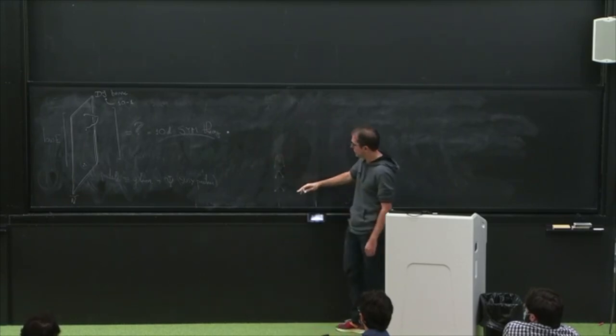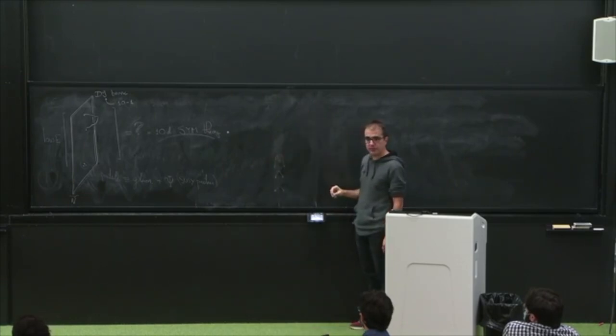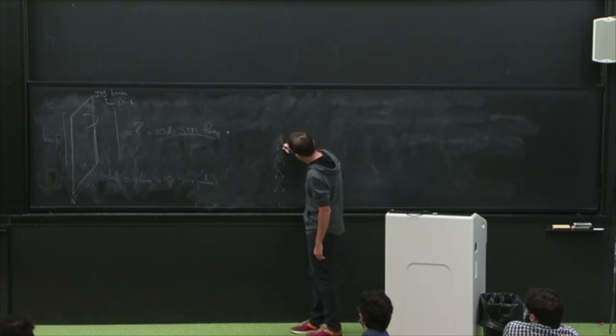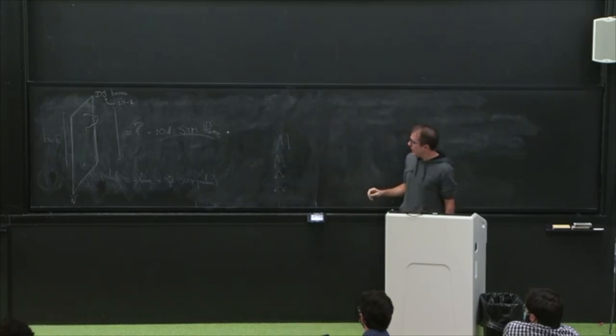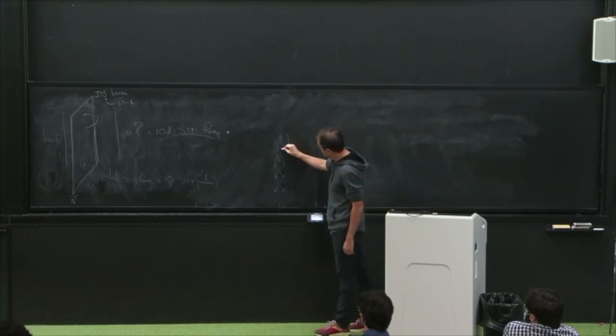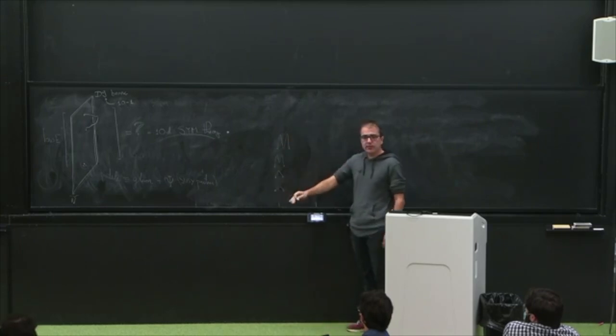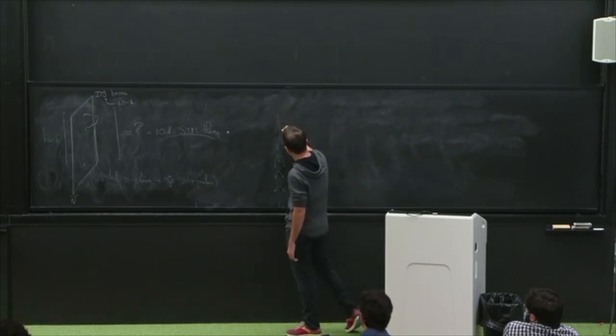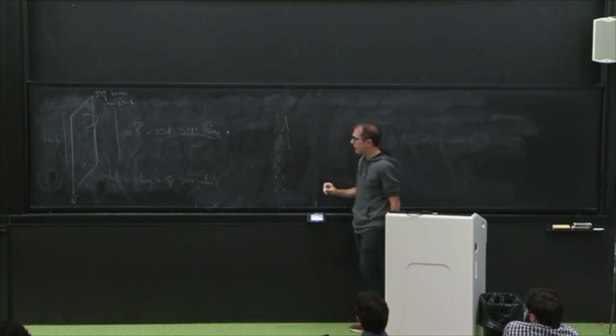I'm drawing a story of the string. Now, at some point, it could do something like this, and this middle point of the string is touching the brane. At this point, the string could split into two strings.